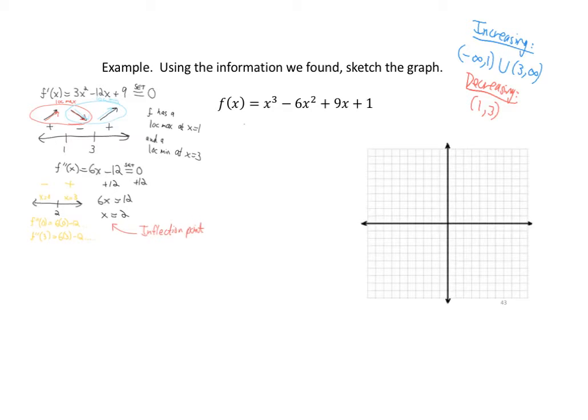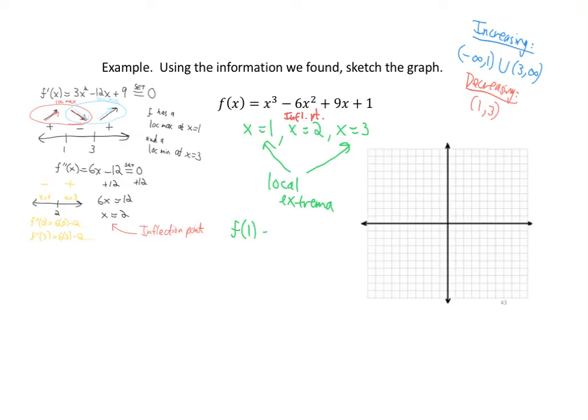We have x equals 1, x equals 2, x equals 3. 1 and 3 are important because they're local extrema. Extrema is the general word for minimum or maximum. And then we have an inflection point. Let's calculate the y values that go with these.